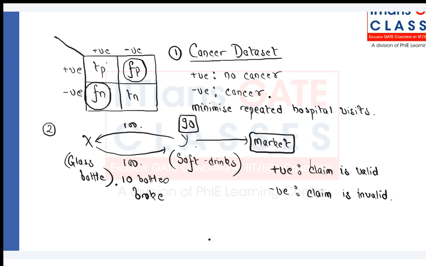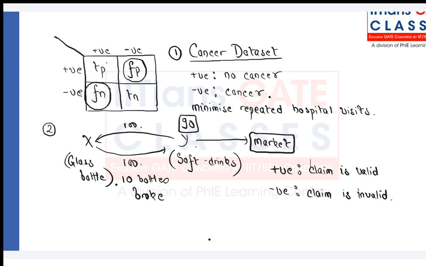So over here, if you see, false positives are like, actually the claim is invalid, but your model is saying that, hey, whatever Y is saying is actually true. Okay? This is the problematic part, right?